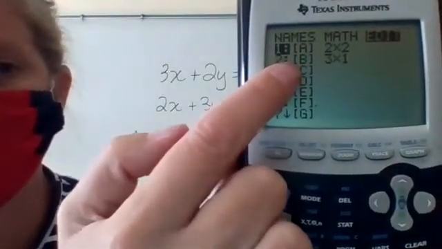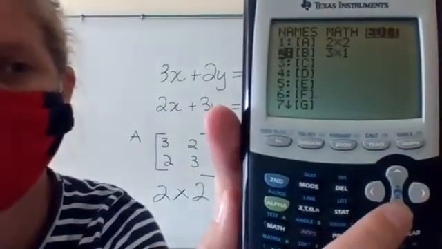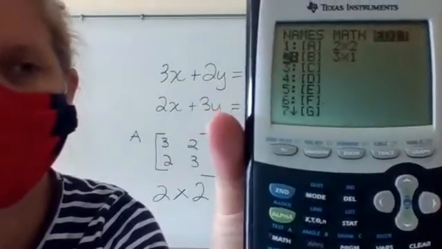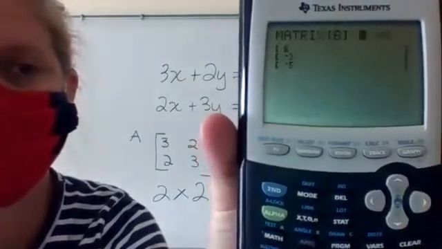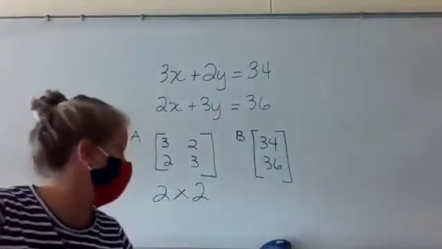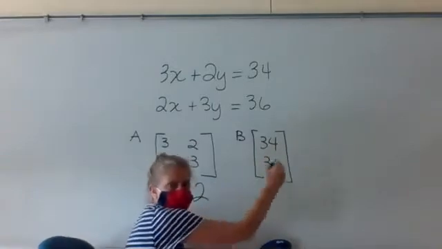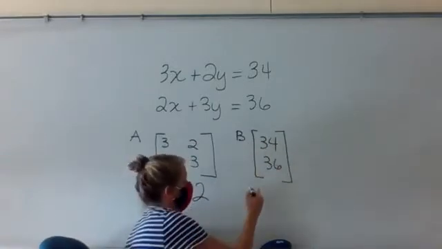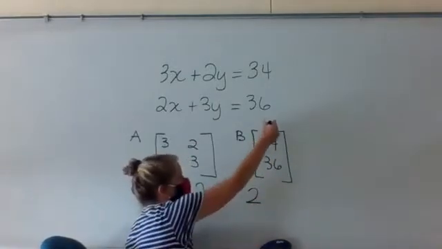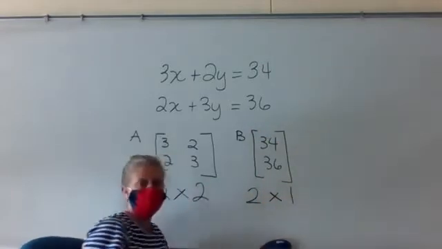I need to come down here to matrix B. So go down to matrix B and hit enter. So let's see, what is the order of this matrix? How many rows does it have? It's got 2 across. How many columns? Well, there's just 1 column, so it's going to be 2 by 1.